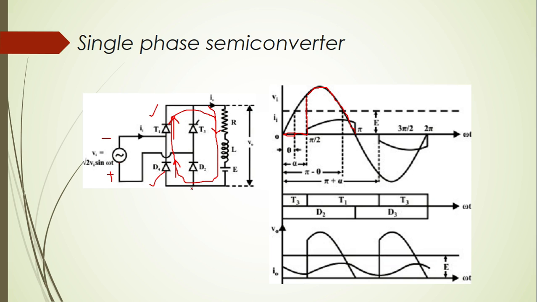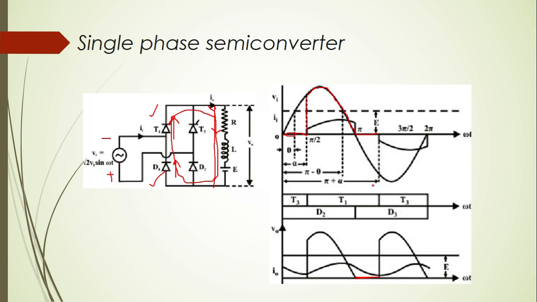So during this moment after pi, a freewheeling action is occurring. When the freewheeling action is occurring, the load is entirely shorted. That means we get zero output voltage, as you can see over here.